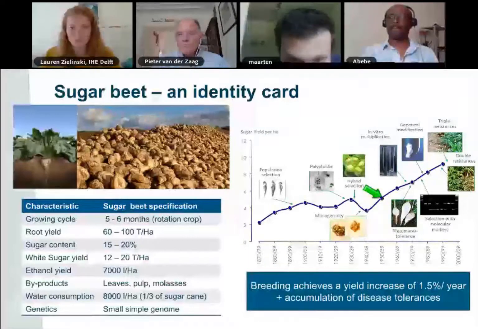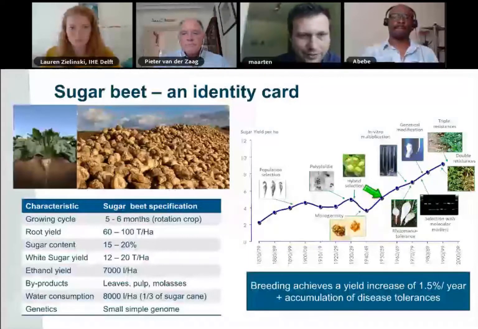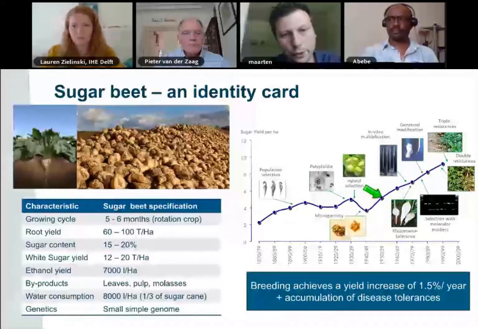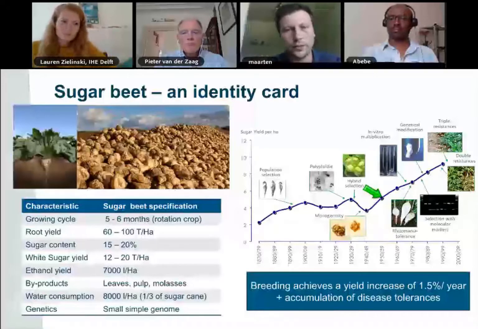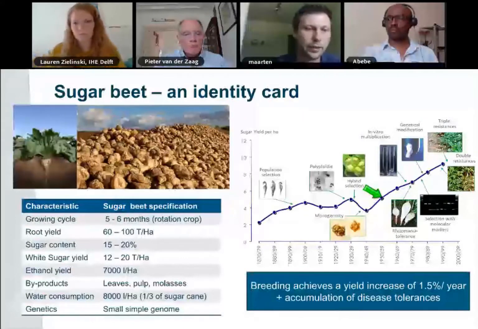Here in the 1950s, the average sugar beet variety still yielded around 5 tons of sugar per hectare, while today, like I mentioned before, we are above 15 tons per hectare. So that's the progress that we make, and we still achieve a sugar yield increase of 1.5% per year. And more in the last decades, we combine this increase with bringing in more and more disease tolerance to a multitude of diseases that our crop encounters.